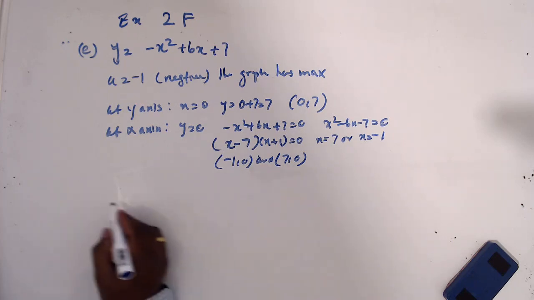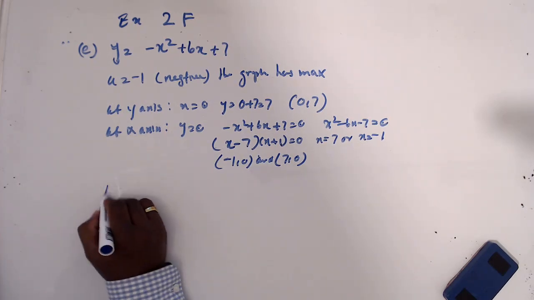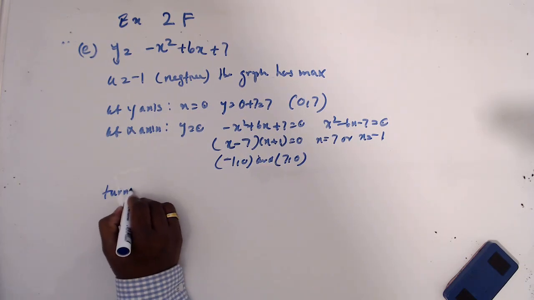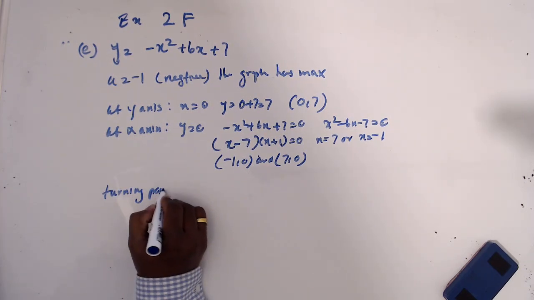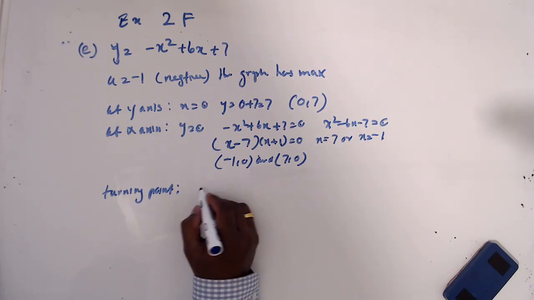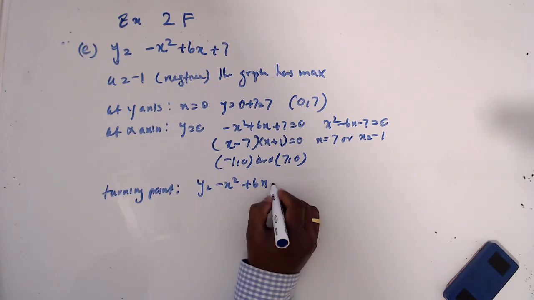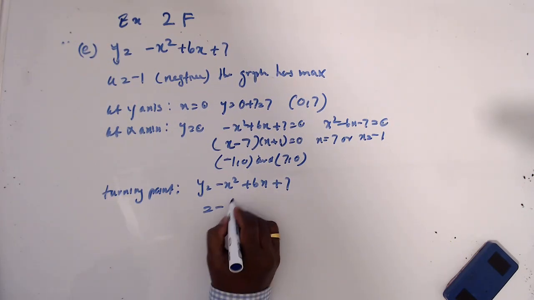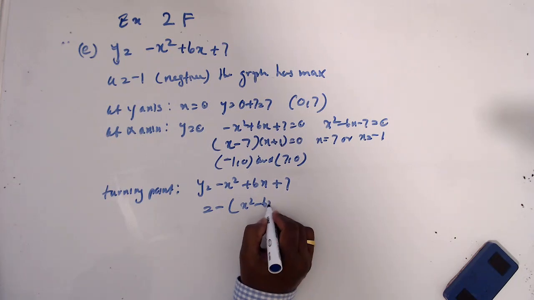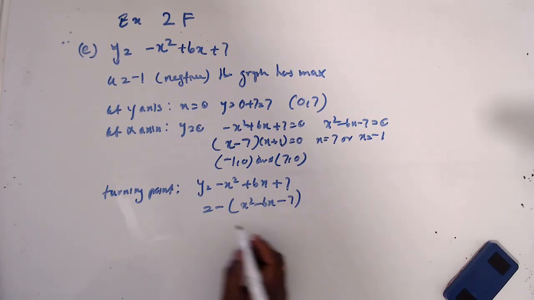Those are the roots, and then the turning point, completing the square. Minus 7.